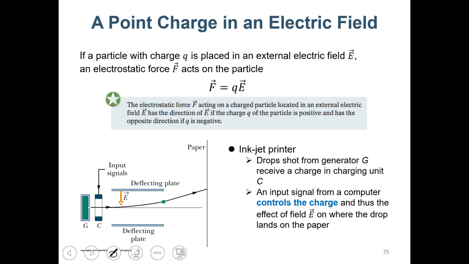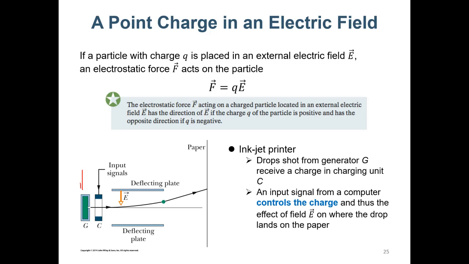So this is an example. Originally we have E equals F over Q, so we just multiply Q on both sides, so we have F equals QE. And here it shows the inkjet printer.